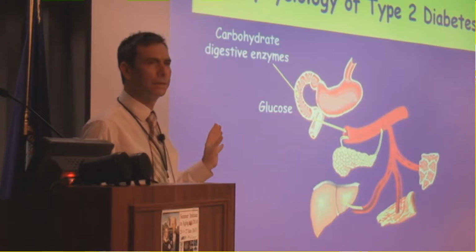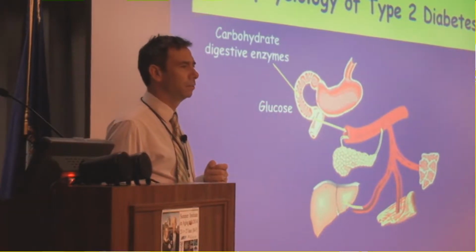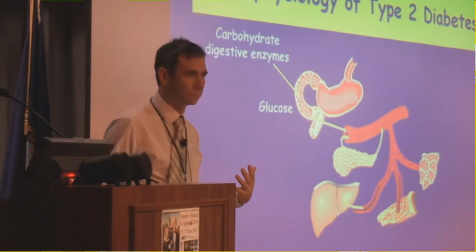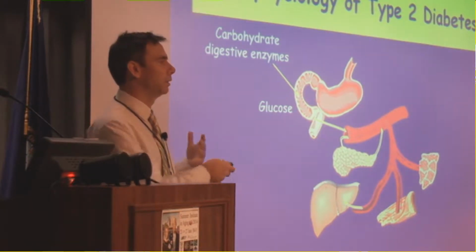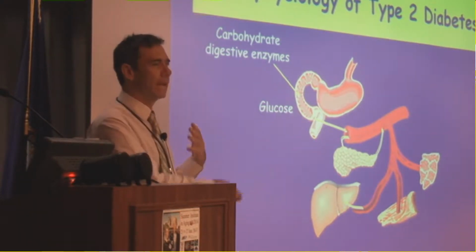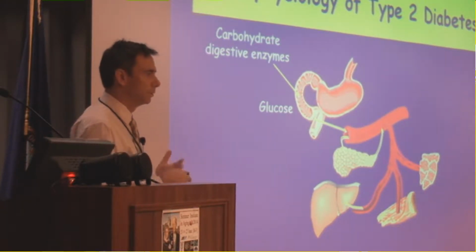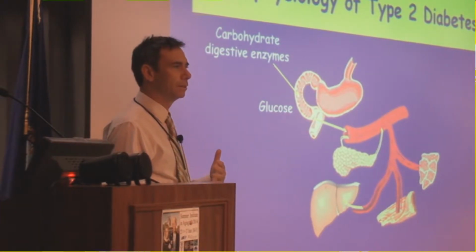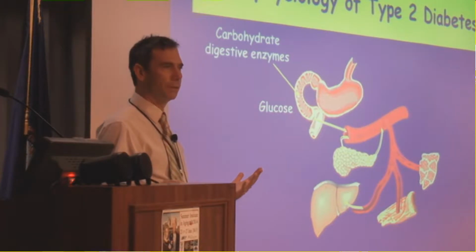Now, one of the very early things that happens in the pathophysiology of type 2 diabetes, even before a person becomes diabetic, for example, in a pre-diabetic, is this. Let's assume a person who is very active and lean during teenage years. Their pancreas is able to make normal amounts of insulin, and everything works fine.